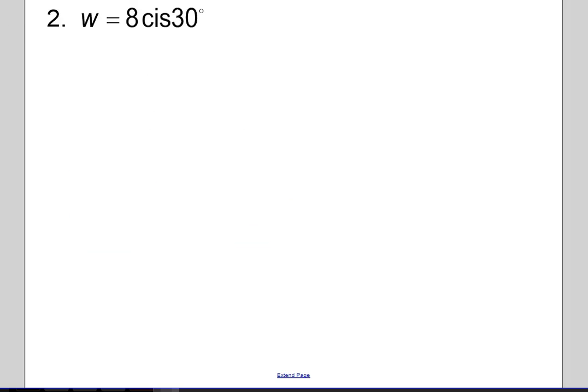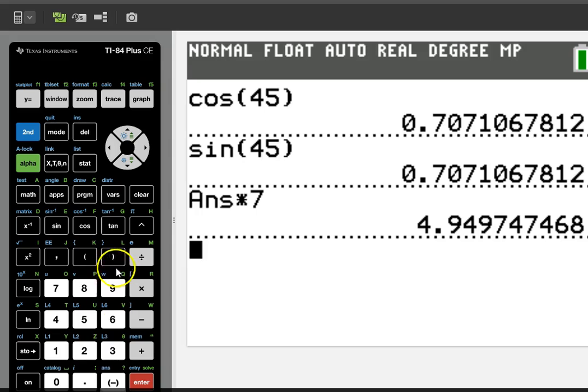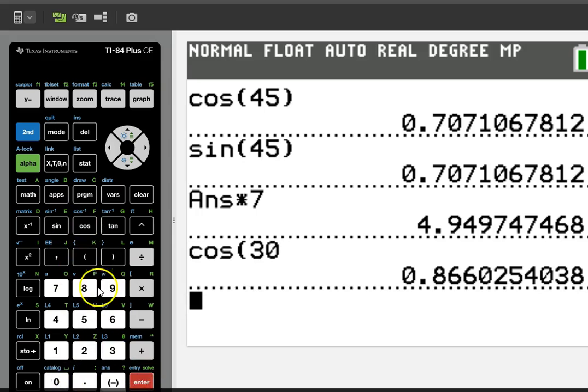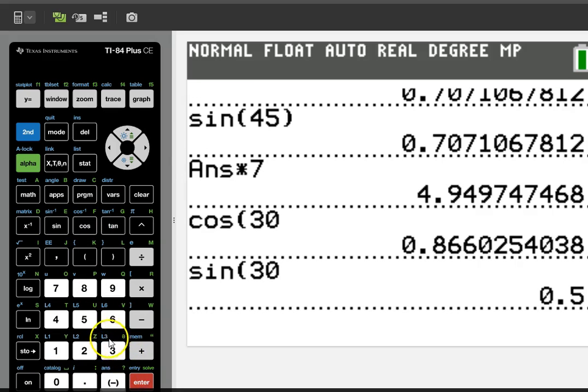So this one's expressed as 8 cis 30. So let's first expand that. Go ahead and evaluate cosine of 30 and sine of 30. Okay, so the sine of 30 is exactly half.